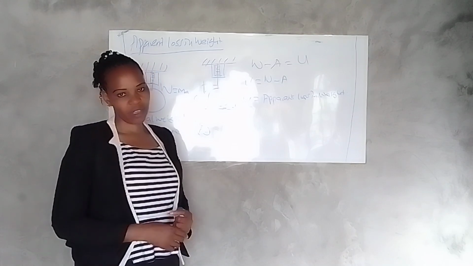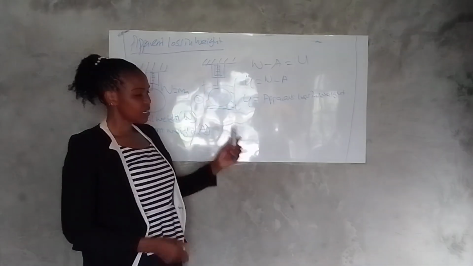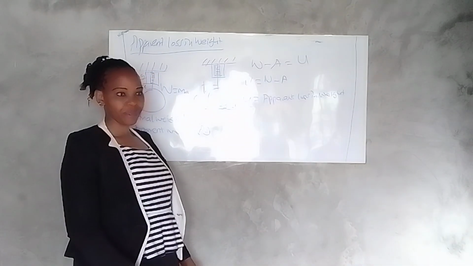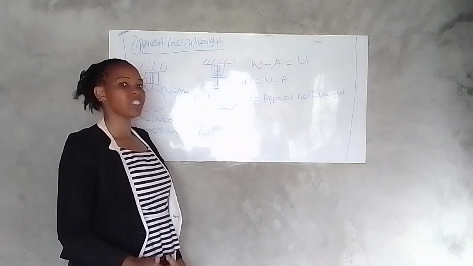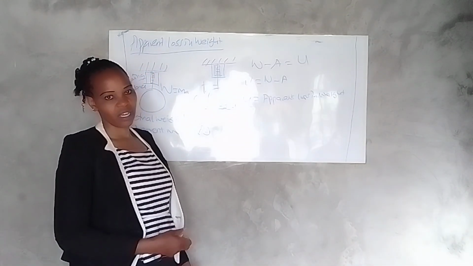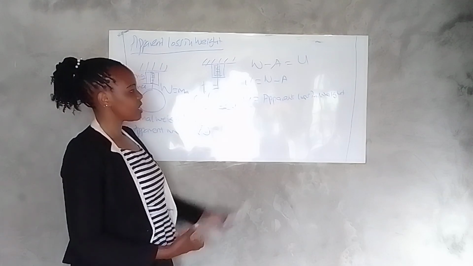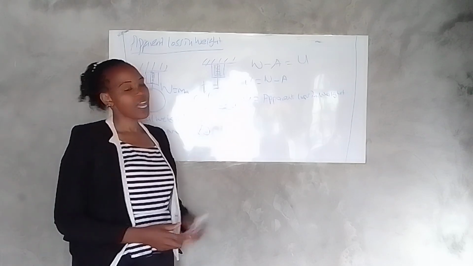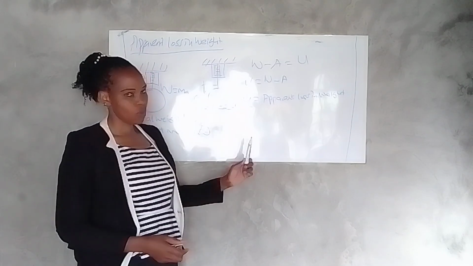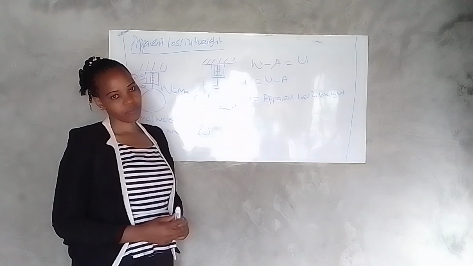Now we understand why. It is because when it is totally immersed in water, there is an upward force which is helping you lift the jerrycan. That upward force is our upthrust, and it is the apparent loss in weight.